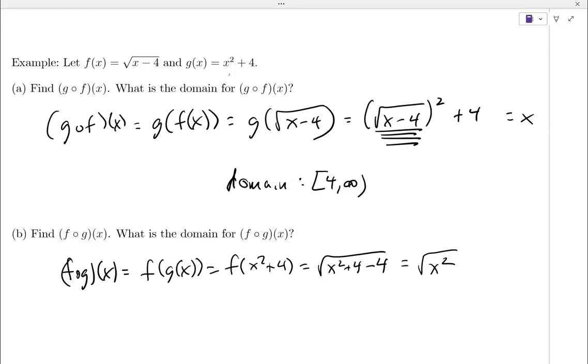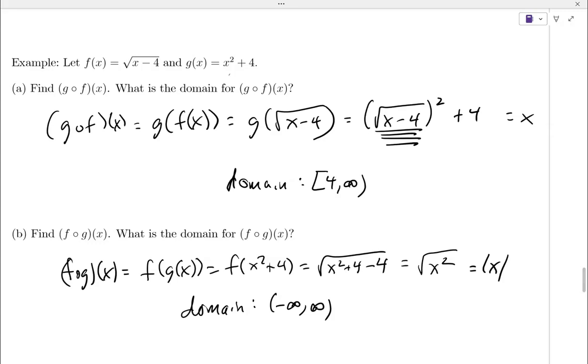You've got to be a little bit careful. Actually, when you do square root of x squared, we get absolute value of x. Because if x is negative, you square it, you get a positive, don't you? And then when you do the square root, you keep the positive. Looking at this function here, that domain is all reals. It came from here. Is this ever negative? If I do x squared, is that ever negative? No. So the domain really is all real numbers. So notice that the domain here is different for one versus the other.